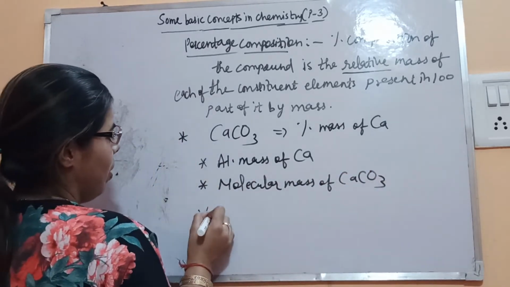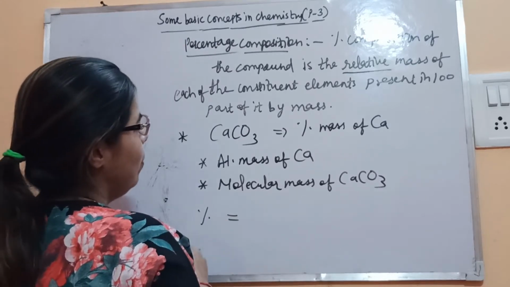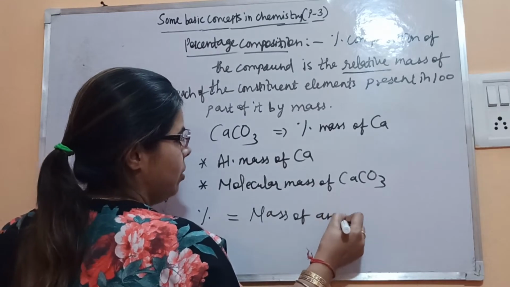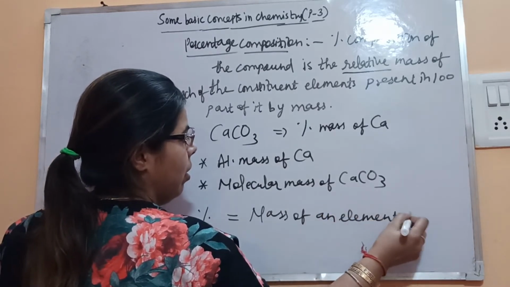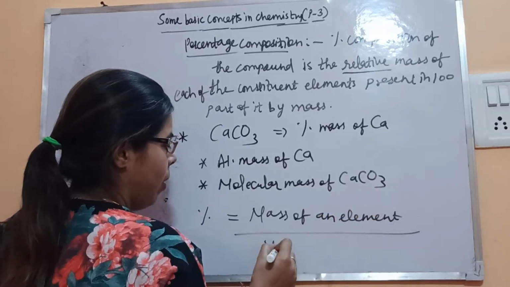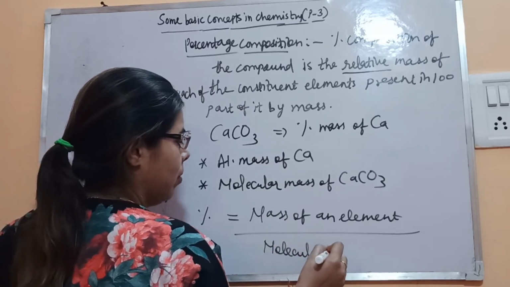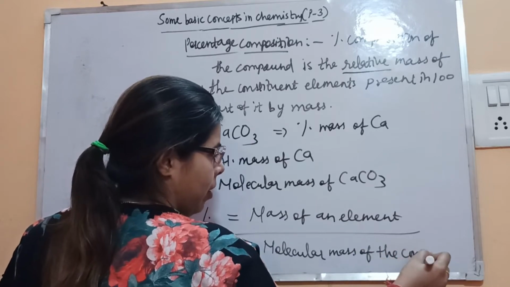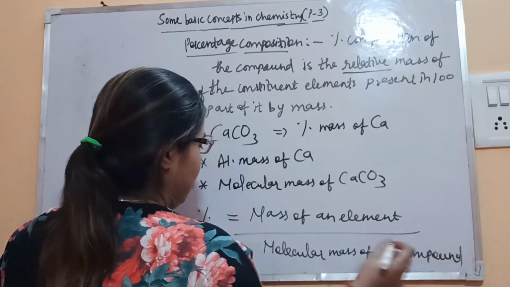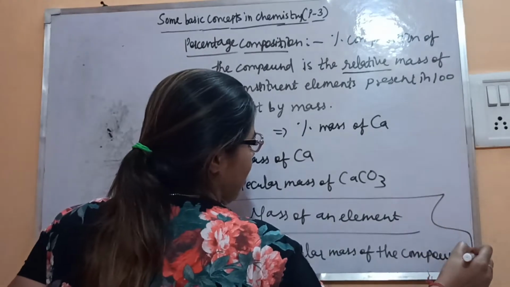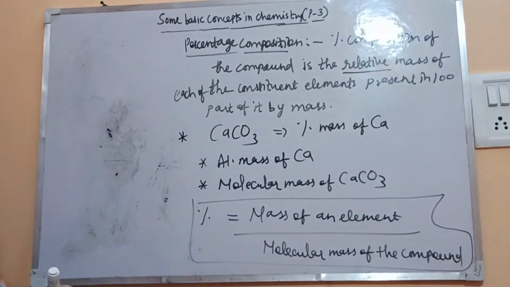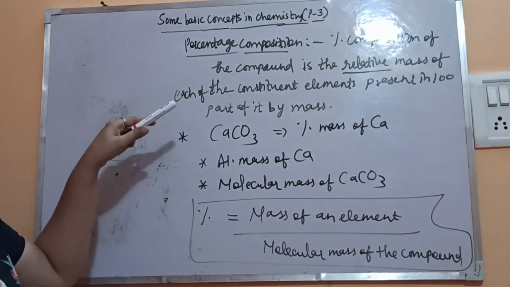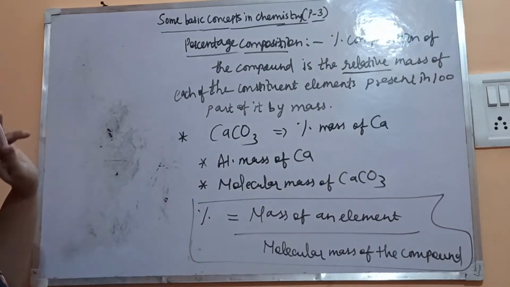The general formula: percentage composition is equal to mass of an element divided by molecular mass of the compound. So whatever percentage you want to calculate of any constituting element, you apply this formula and you will get the percentage of that element in the given compound.